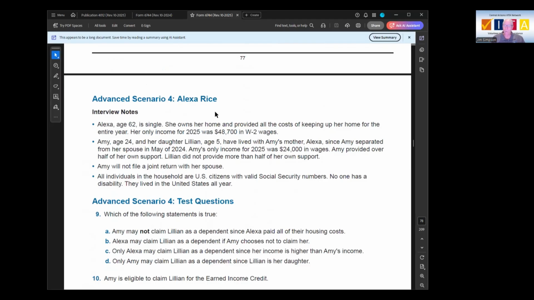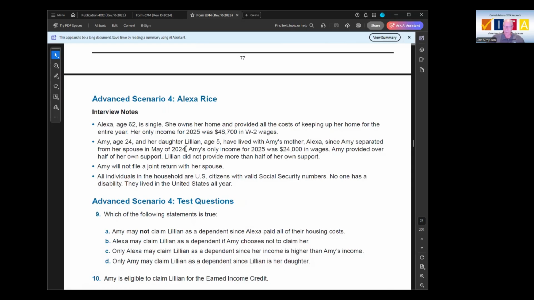Amy, age 24, is Lillian's daughter. No, it says Amy, age 24, and her daughter Lillian live with Amy's mother. So we've got grandma, daughter, and grandchild, all living in the same house. And it says that they've lived with Amy's mother since Amy separated from her spouse in May of 24.